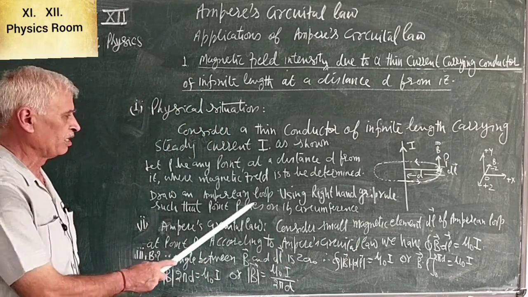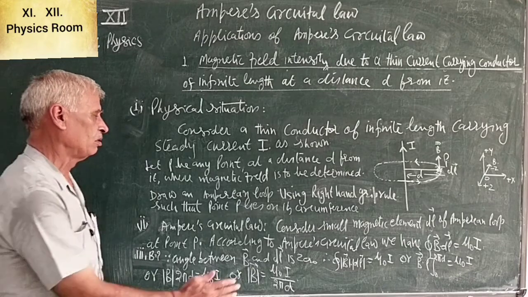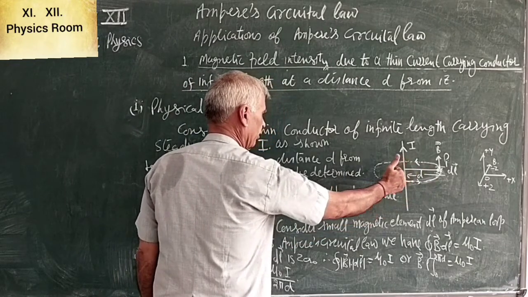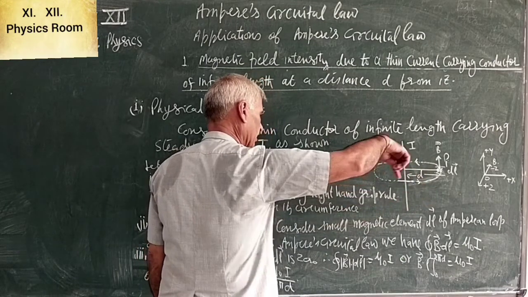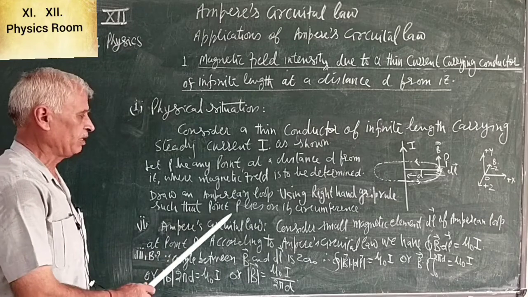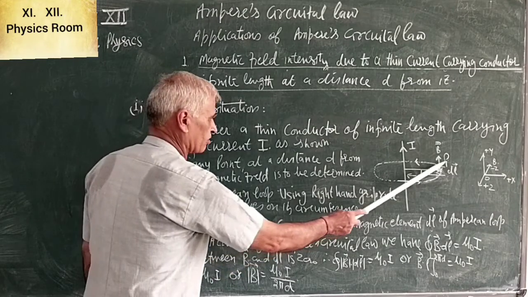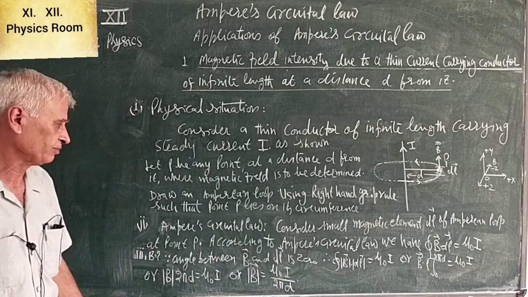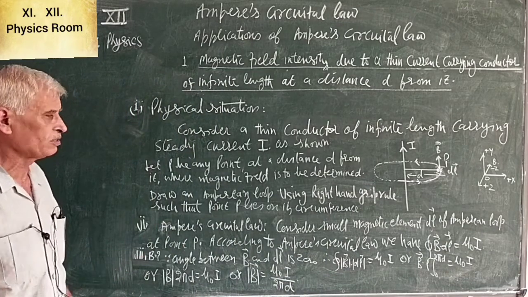Draw an Amperian loop using the right hand grip rule around the conductor, such that point P lies on its circumference. So this is the physical situation.